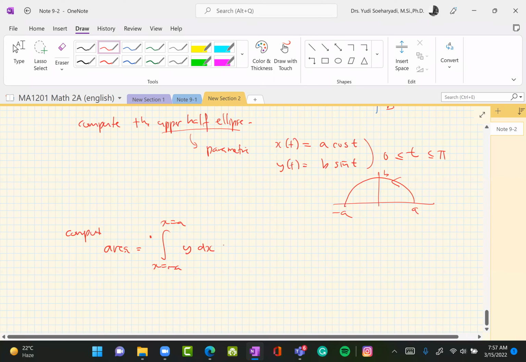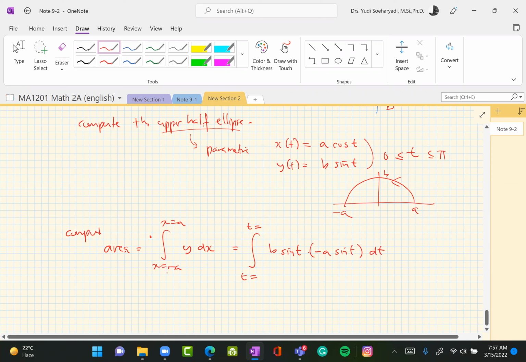In terms of t, this y is b sine t, and dx is the derivative of this, so minus a sine t dt.